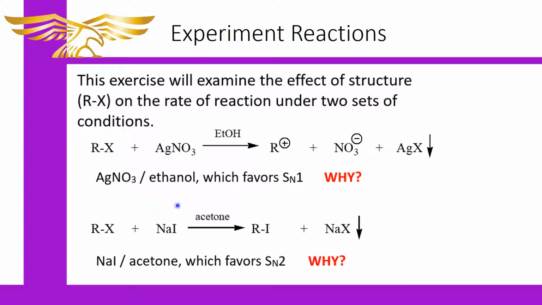For instance, here we have ethanol and silver nitrate. Another good question to think about would be, why might we use silver nitrate, and what role does silver have to play in this sort of mechanism?